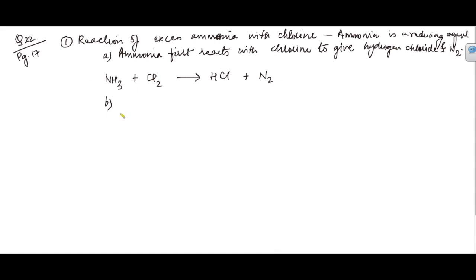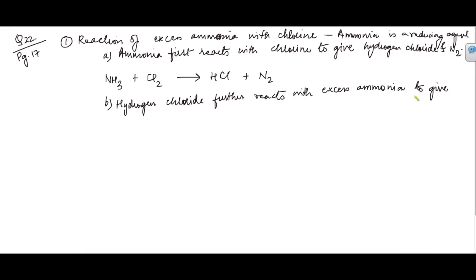The second step that they have mentioned is that hydrogen chloride, which is produced in the previous step, further reacts with excess ammonia to give ammonium chloride.